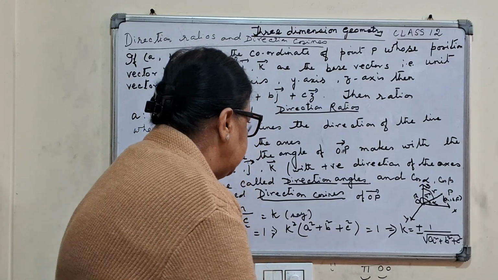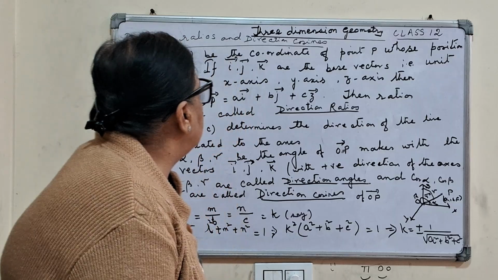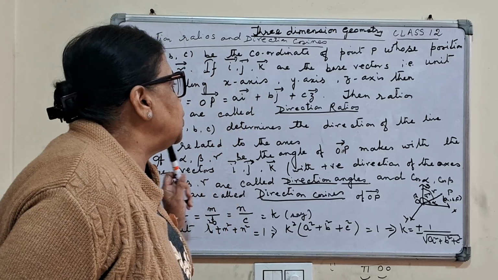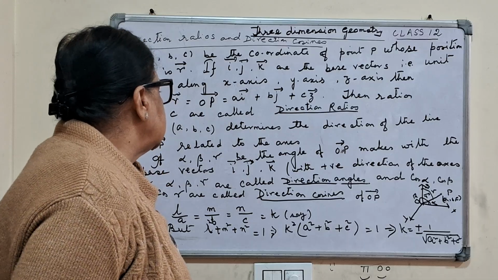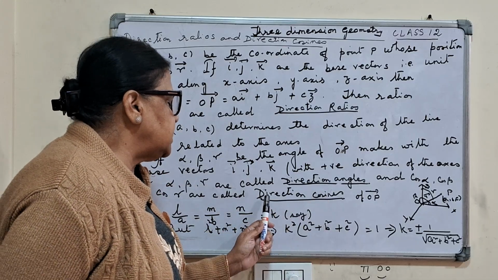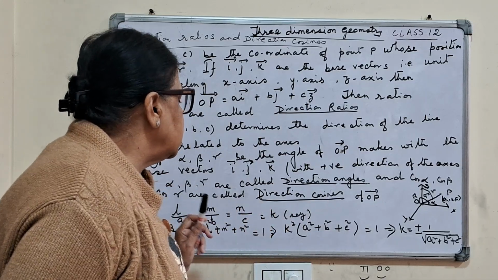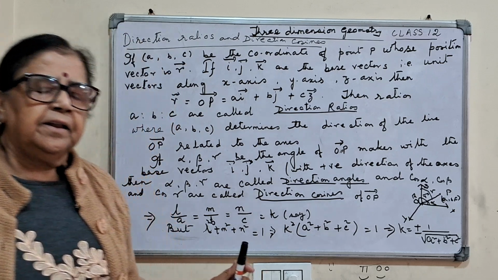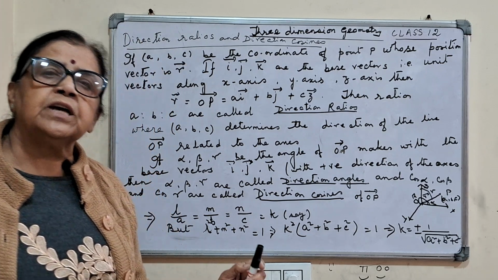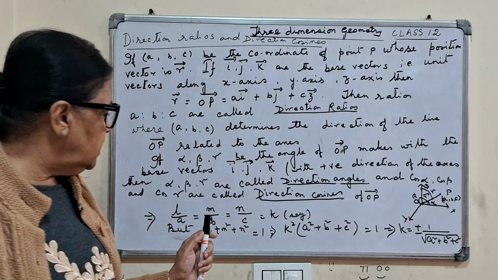What we have done till now, we have found direction ratios, direction cosines, and direction angles, and then we find direction ratios and direction cosines are in the same ratio.